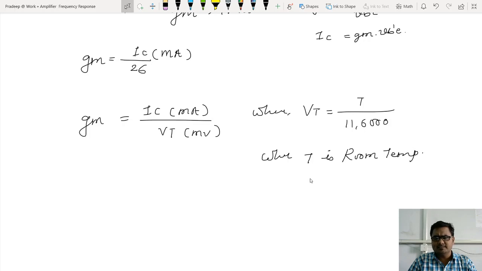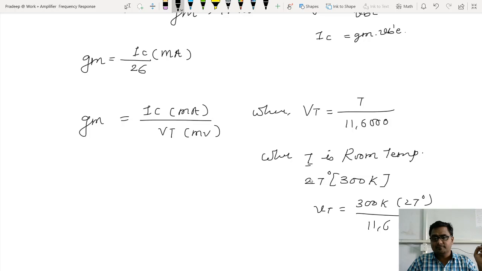Generally it is 27 degrees, or if I want to define it in Kelvin, then the standard value is 300 K. So if I put T equal to 300 K in the equation of VT, then the value of VT becomes 26 millivolts.